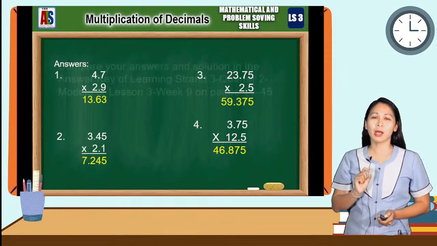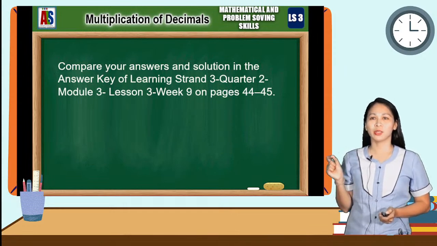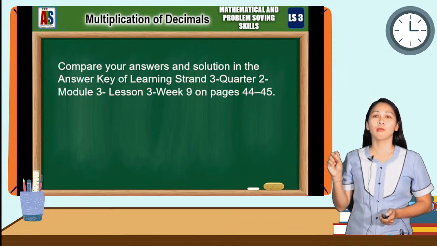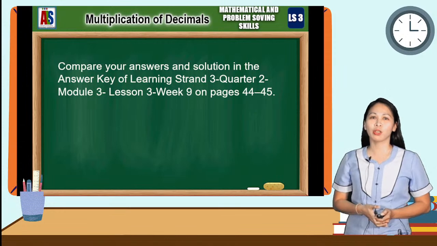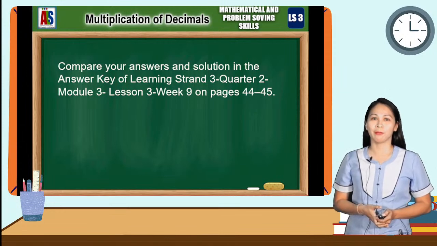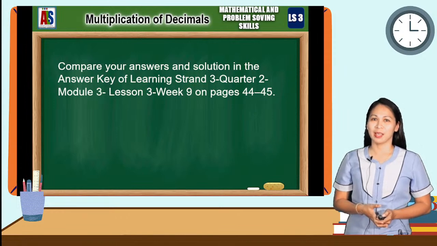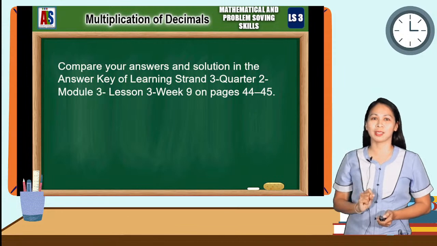So, if you want to compare your answer and solution, just read the answer key of Learning Strand 3, Quarter 2, Module 3, Lesson 3, Week 9 on page 44 and 45. Now, you learn how to multiply decimals. It is very important to practice for you to master the process.